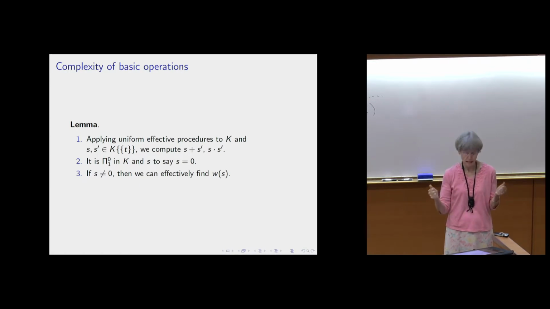We can also compute a representative for s times s prime. Now, telling whether one of these is 0, that's Pi 0, 1, because we have to ask, is there a non-zero coefficient? If s is not 0, if we know that somehow, then we can effectively find the first non-zero term, and then we look at it and we get the valuation.